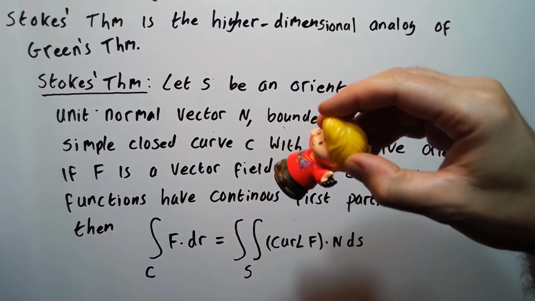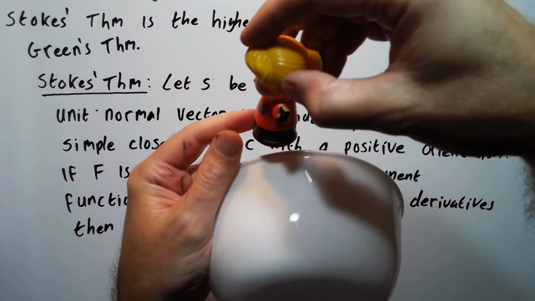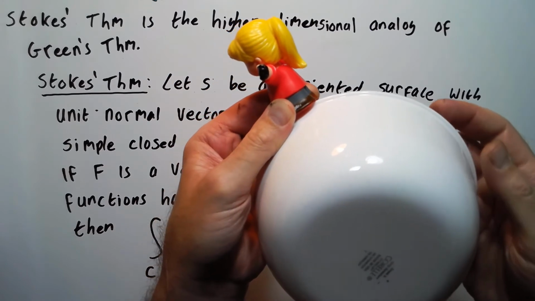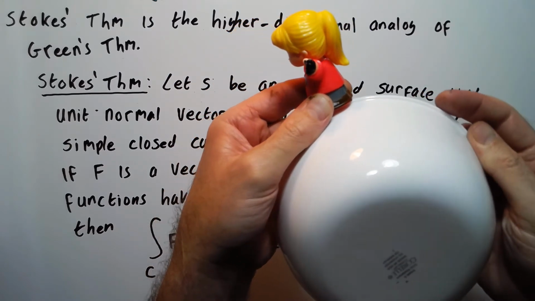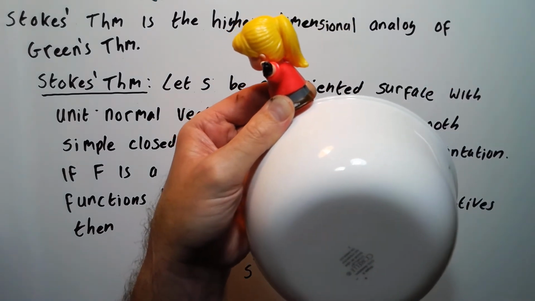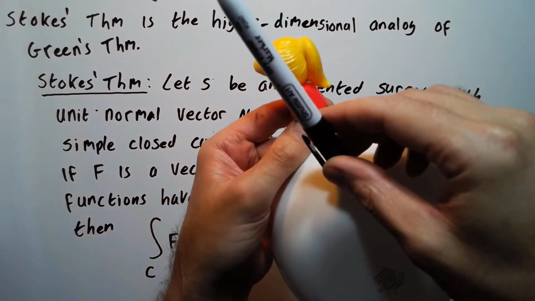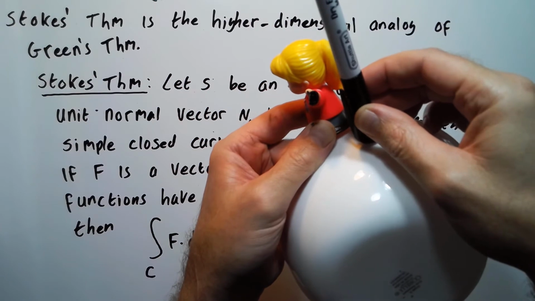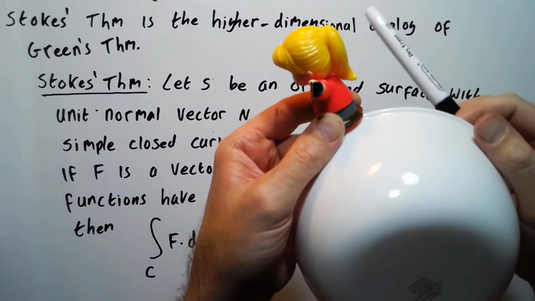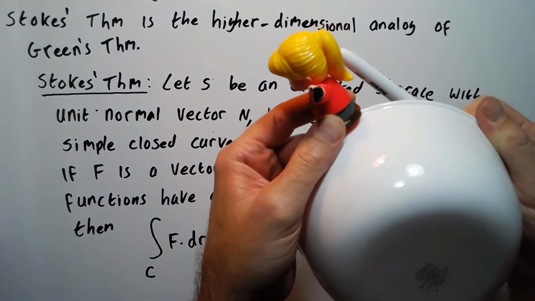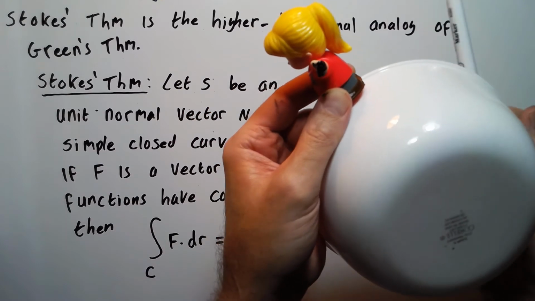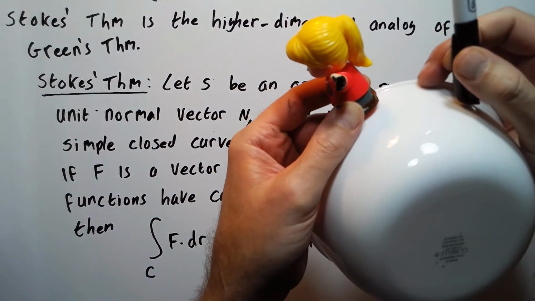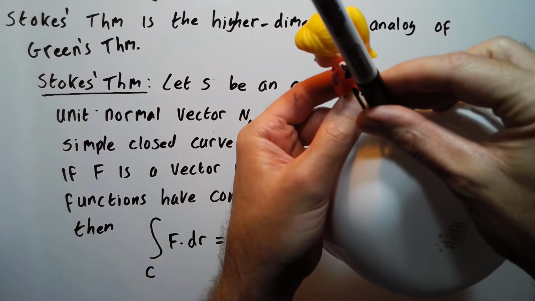Now I'm going to bring my bowl back over and put you on the boundary, the C. You're standing on the boundary and your head is pointing in the direction of the normal vector. Now when you walk around the bowl, say you're going this way, the normal vectors should be on your left side. That'd be positive orientation.